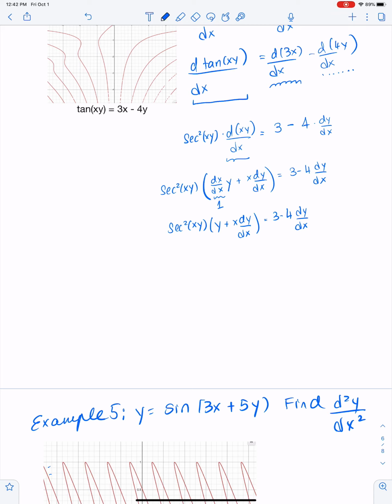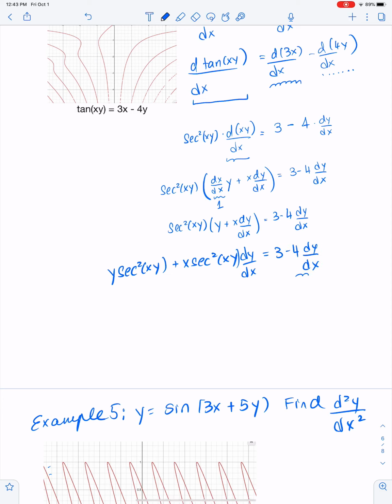And what do you have? You will have y secant, first let's just distribute: secant squared xy plus x secant squared xy dy dx equals 3 minus 4 dy dx.